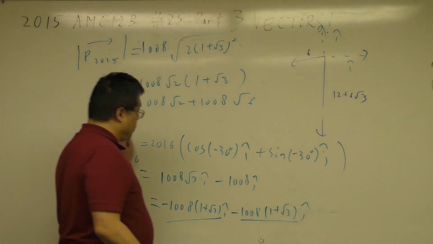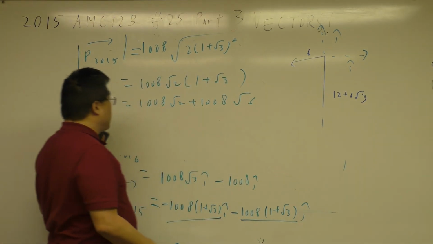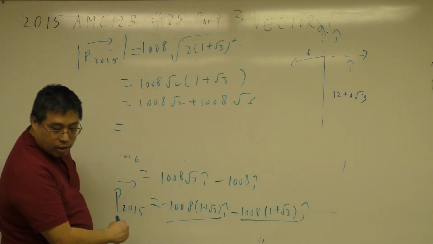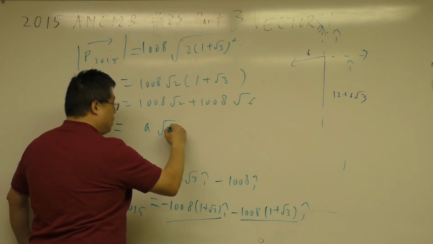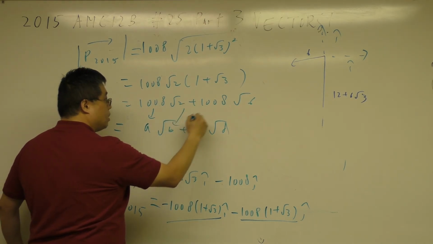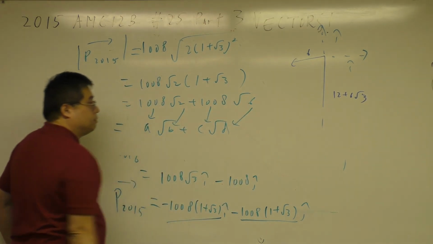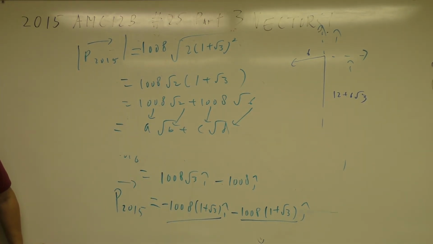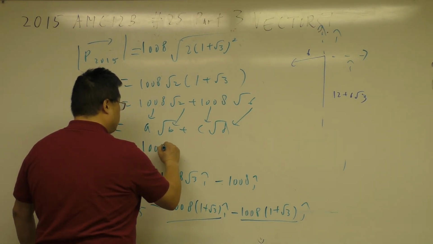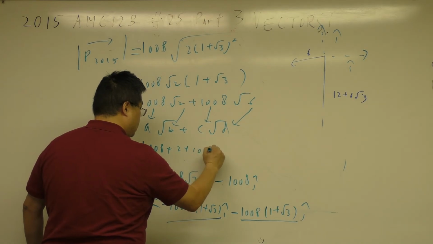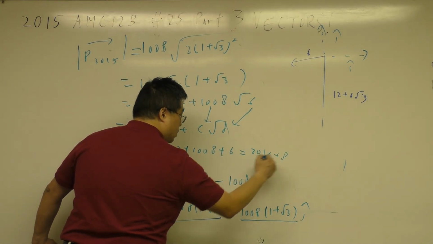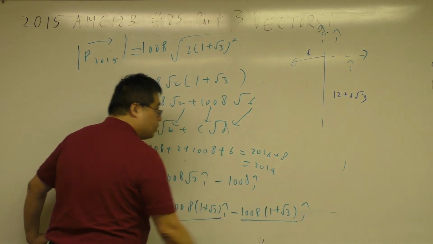And their problem was asking for the answer in the form of a square root of b plus c square root of d, and we now see what all of them are. So the answer again is 1008 plus 2 plus 1008 plus 6 equals 2016 plus 8 equals 2024.